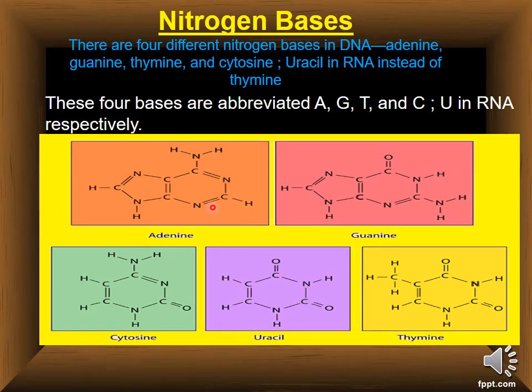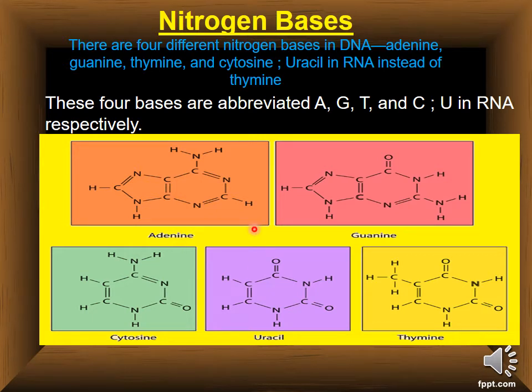Don't be confused: in DNA 4, RNA as well 4, but thymine is not present in the RNA and uracil is not present in the DNA. Remember this. These bases are abbreviated as A, G, T and C, and U for the RNA respectively.